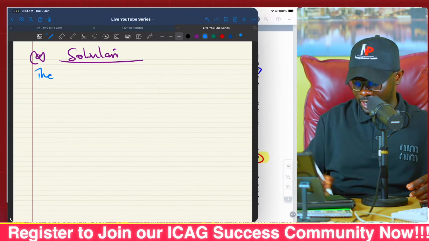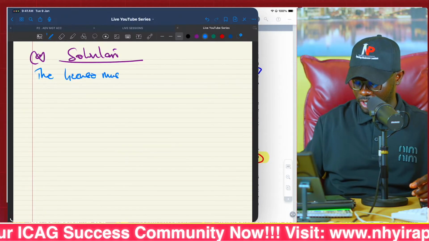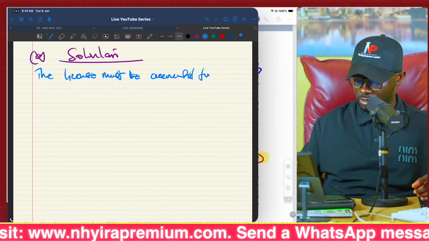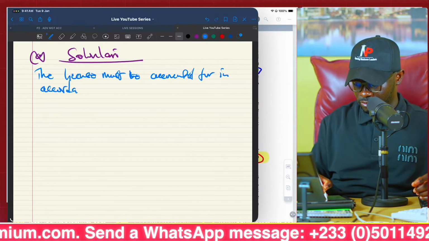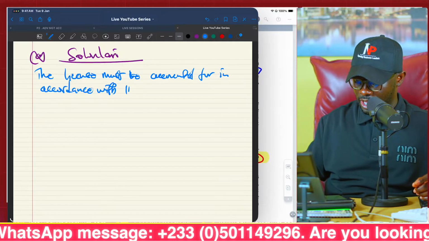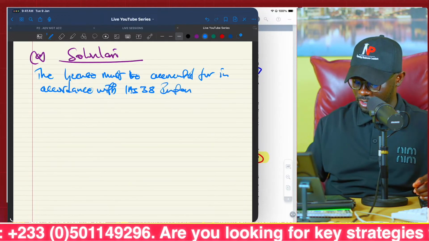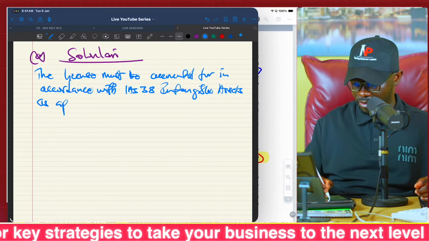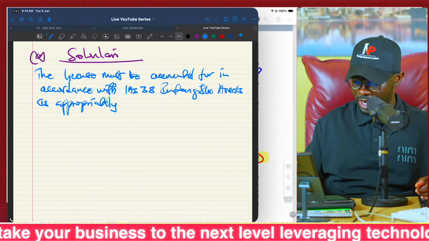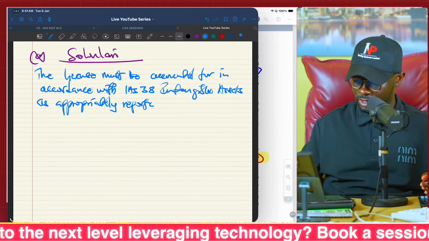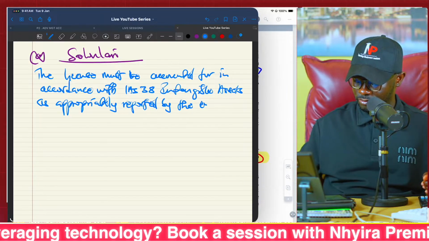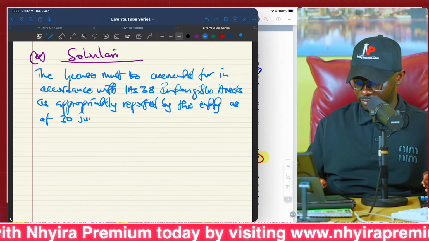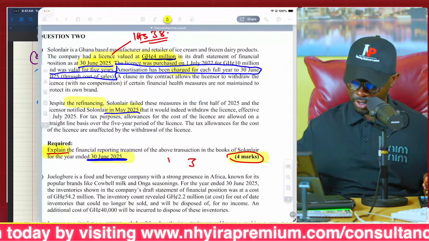So the license must be accounted for in accordance with IAS 38 intangible assets, as appropriately reported by the entity as at 30th June 2025.